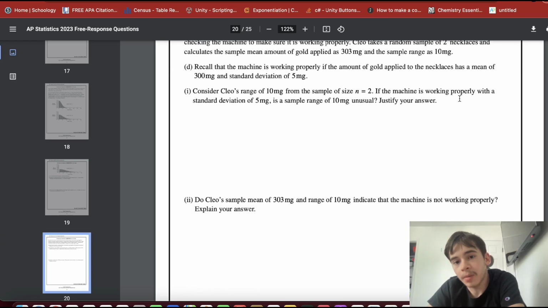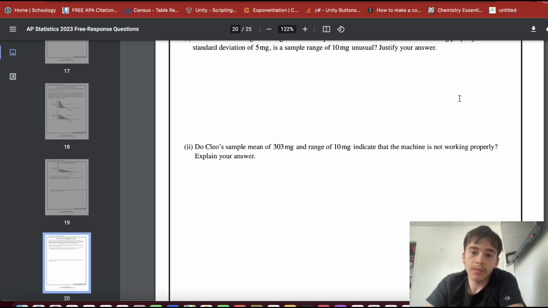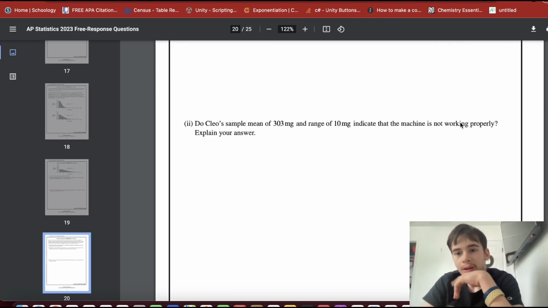But if the probability is high, then you can't deny that it's working properly, and you have to agree with the fact that it's working properly.